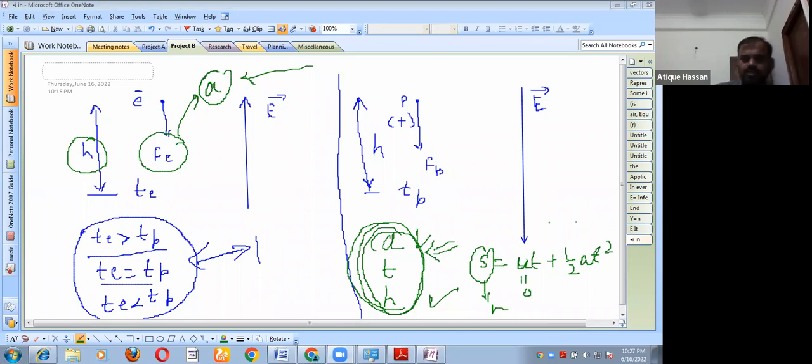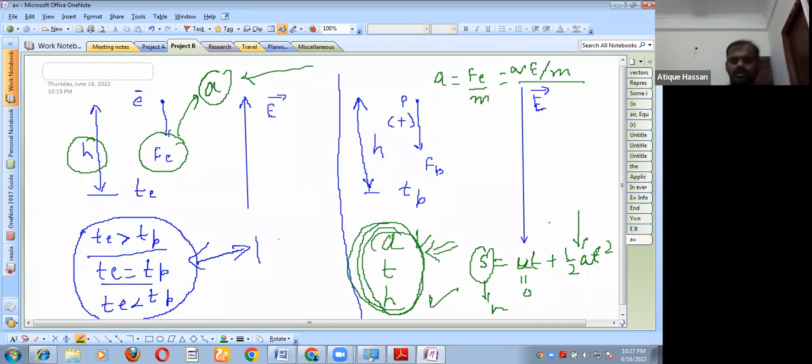You will say, sir, how is acceleration given? You have been given the charge. So how can you find acceleration? Electric force upon mass. What is electric force? Charge into electric field, divided by mass. So acceleration you can find, and you have to find the relation for the time.